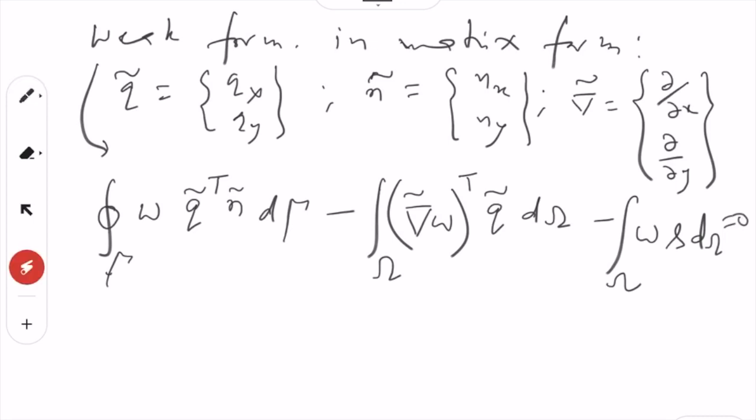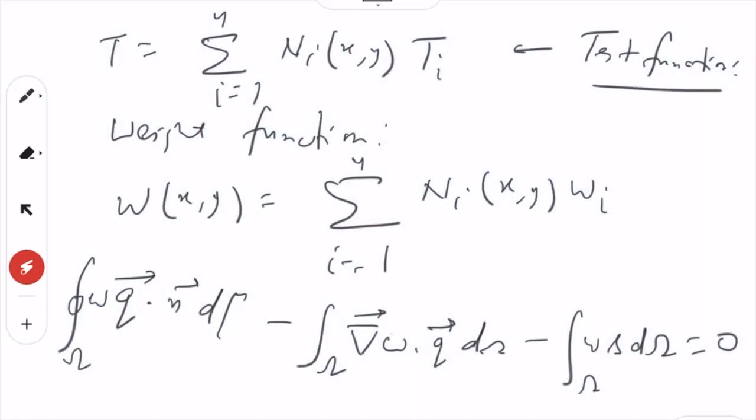So all vectors have been taken out, what we have is in matrix form now. So now we can easily replace some of these values. If you look at this one, we can also write this w transpose as the n matrix multiplied by n1, n2.